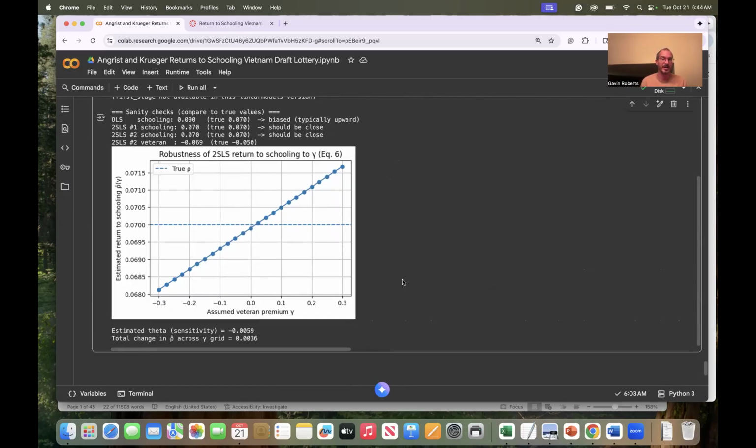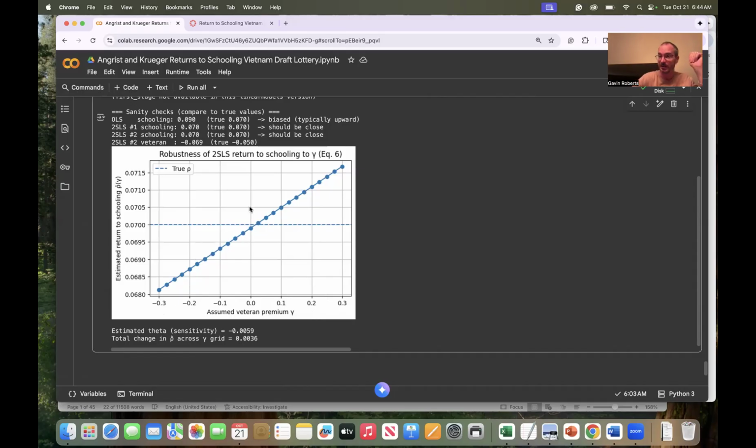It's worth thinking about why that relationship changed. Importantly, though, this is basically an insignificant relationship if you look at the y-axis now. These are tiny numbers compared to what we were getting before, versus this range of the input of veteran premium assumed, which is just as big as before.